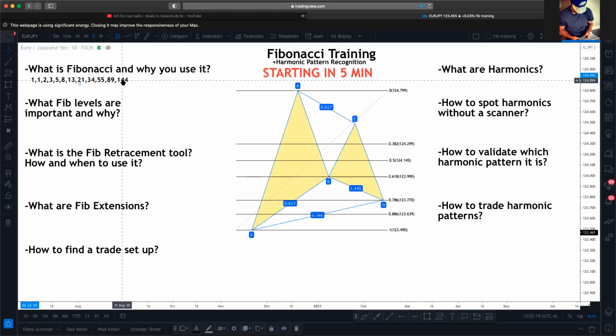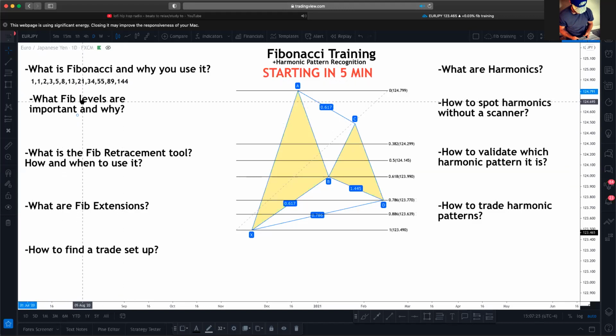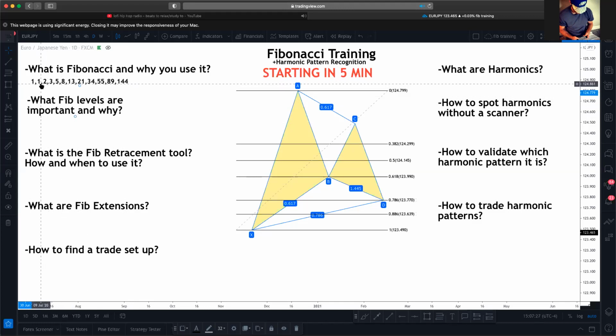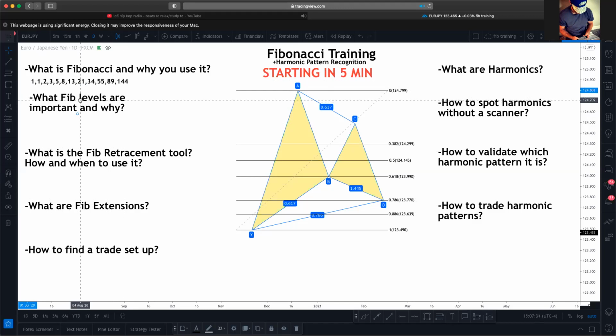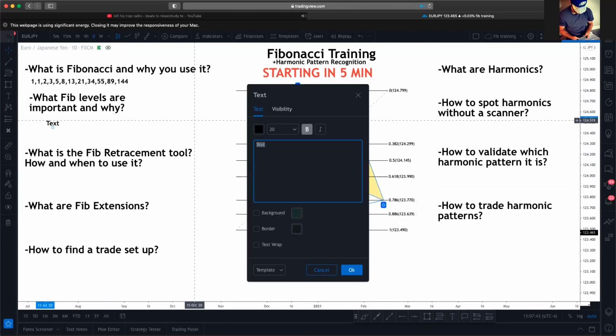So now let's look at what fib levels are important and why. I'm going to break down why we use the 38.2, the 61.8, the 78.6. The 61.8 is considered the golden ratio, and I'm sure a lot of people have heard that.